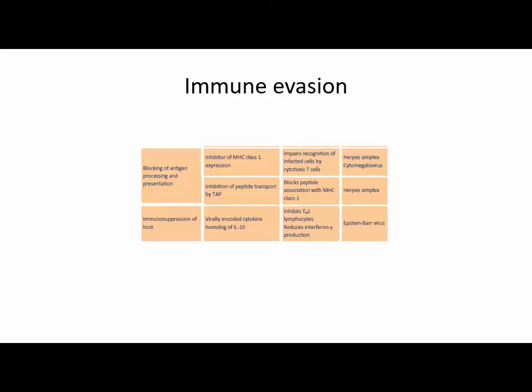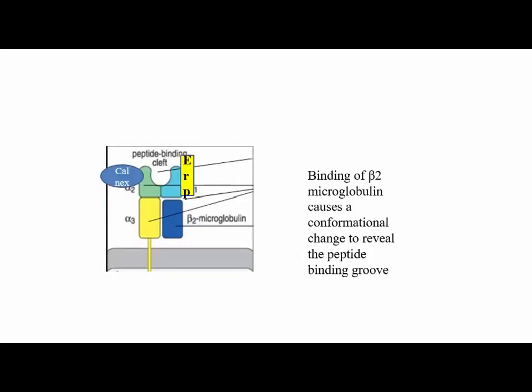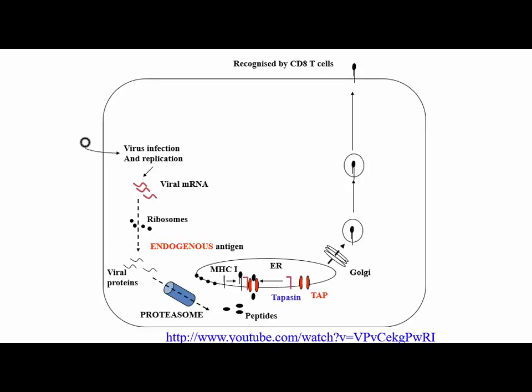But essentially, I think it's in lecture 4, there's a slide that will show you what pathogens are able to evade which part of this process. If a pathogen, for instance, is able to inhibit the immunoproteasome, then the viral antigen never gets broken down and therefore never gets presented.